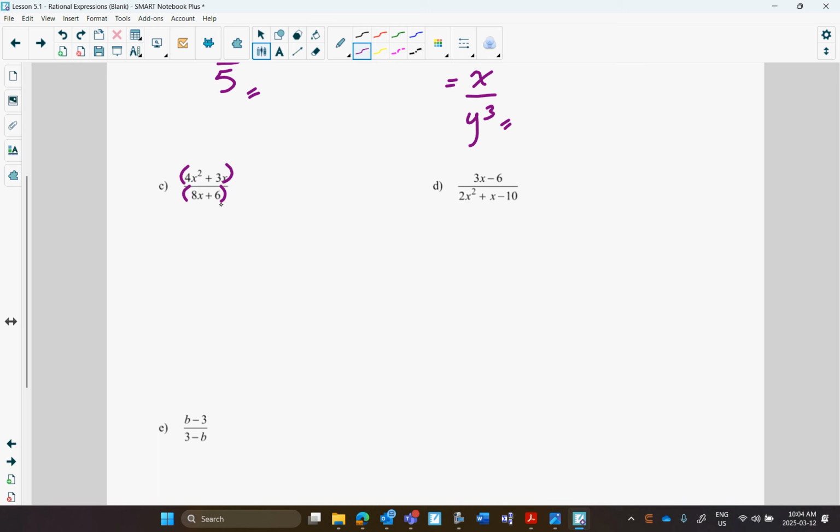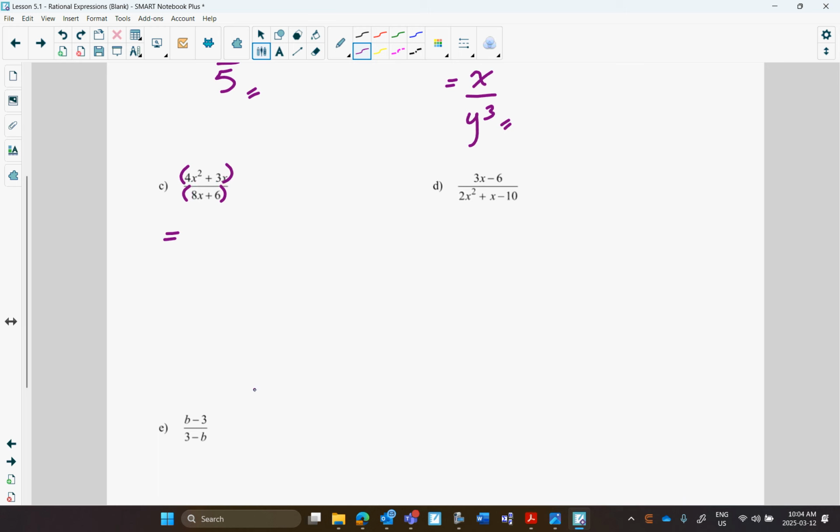The whole thing has to be canceled together. The only way I can cancel this is if there's an identical one on the bottom. The only way I can cancel this is if there's an identical one up top. Not part of it, the whole thing. So just keep that in mind, because students do have some trouble sometimes.